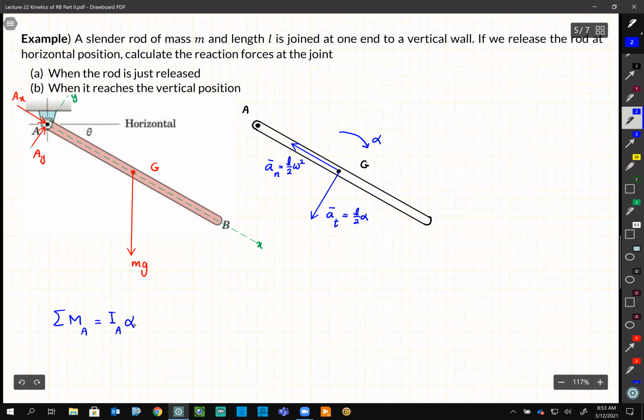And you need to tell me if it is wrong. Is it correct or no? Should be right, because A is a point that this link is fixed to the ground, which means I'm allowed to use this formula.